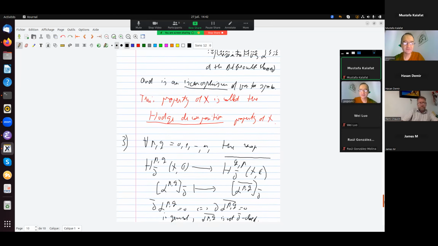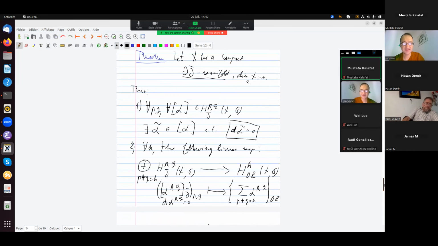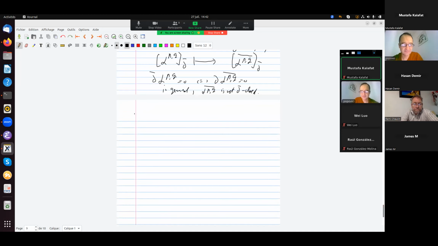However, we have stated that under the DD-bar assumption on the manifold, every Dolbeault class can be represented by a d-closed representative. So we choose alpha PQ to be d-closed. We know that this is possible by the first assertion. And then if it is d-closed, this means, because it's a pure type, that it is both del and D-bar closed.